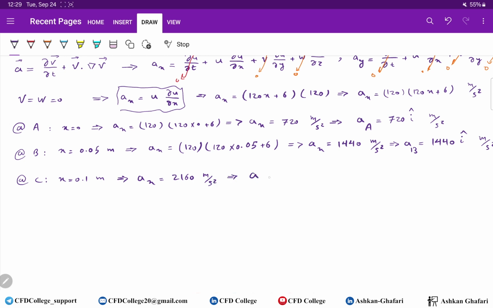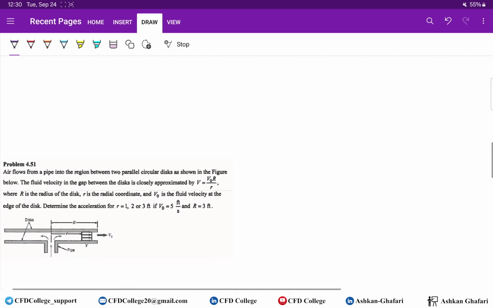So acceleration at point C equals 2160 i meters per second square. This problem was easy. Actually, this part of the course is not too difficult, and you can solve the problems.